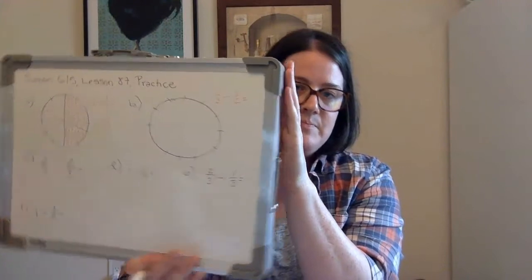Okay. B is asking us how many 1/12 are in 1/3. All right, so that is asking what is 1/3 divided by 1/12. That's what it's asking.